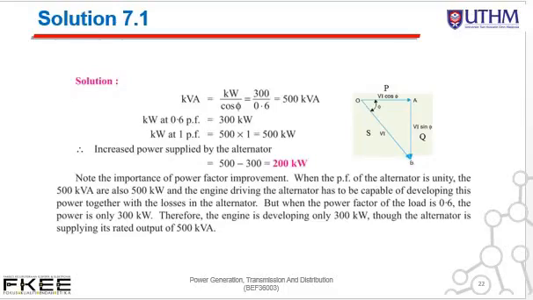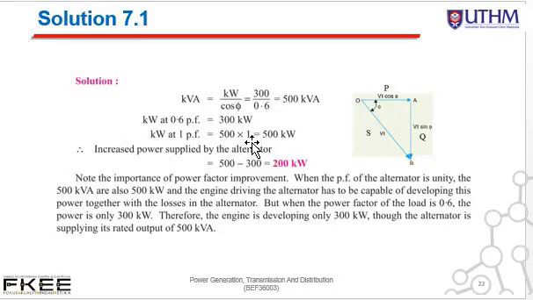First of all, you have to calculate the existing kVA, which is by dividing the real power P by the old power factor. By doing so, the existing kVA of the alternator is equal to 500 kVA. In order to calculate the real power at unity power factor, we just multiply S with the power factor, which is 1.